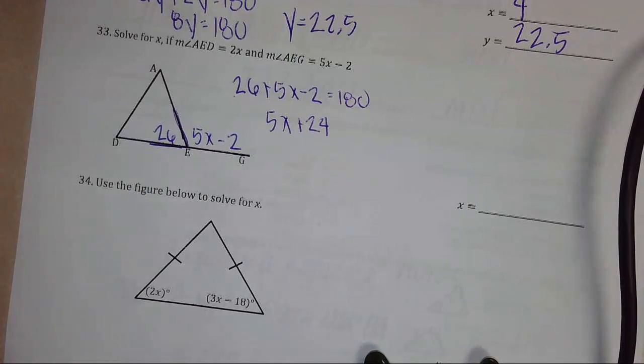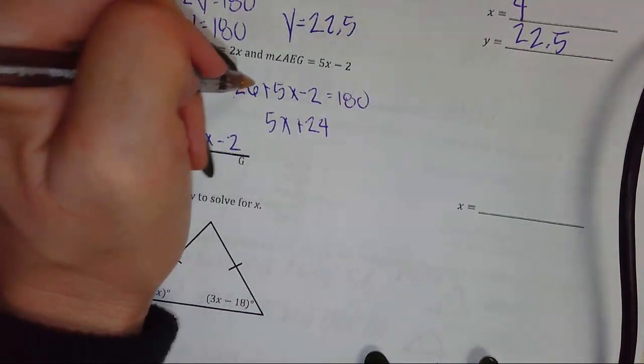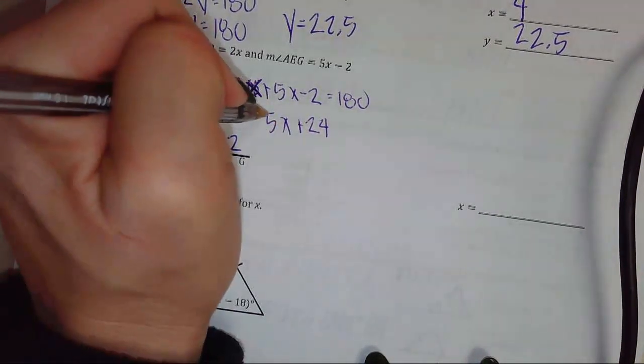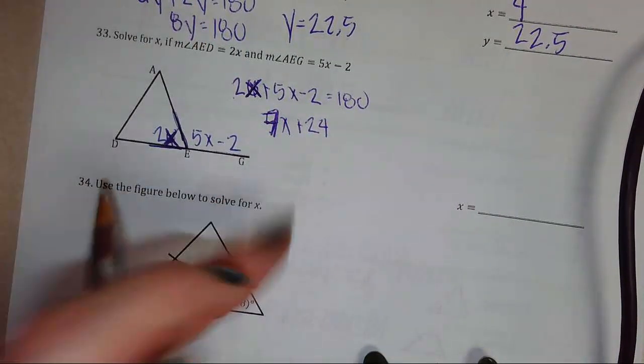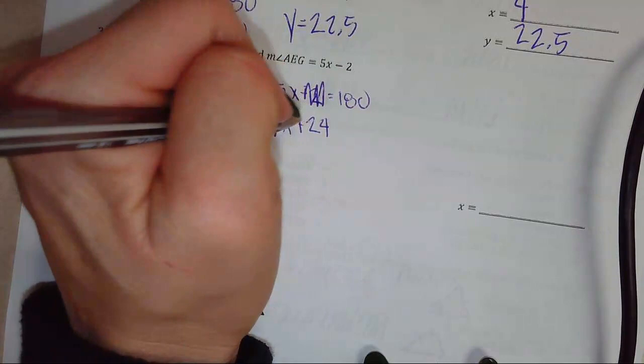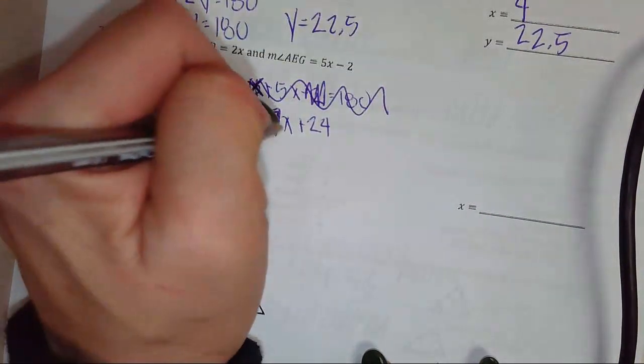Wait, did I set that up wrong? AED. Oh, I did. That's 2x. Whoops. 2x, so that's going to be 7x. Wow. Let me just write this all over.